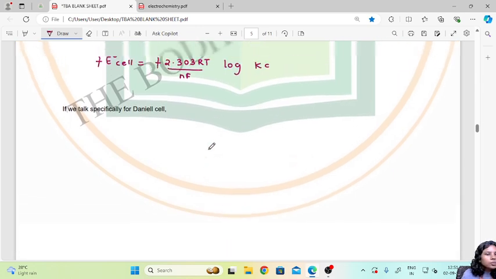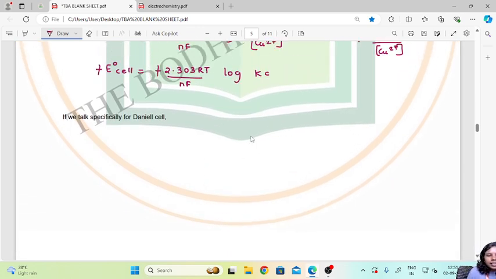Now if we talk specifically for the Daniell cell, we'll write E naught cell equals 2.303 RT upon nF log of Kc. Now in terms of the Daniell cell, the value for E naught cell that we get on the voltmeter is 1.1 volt.